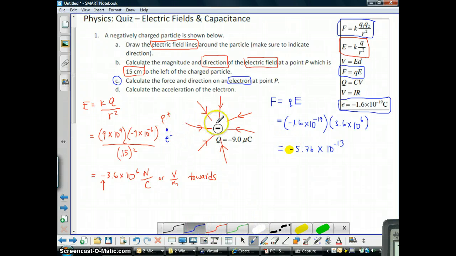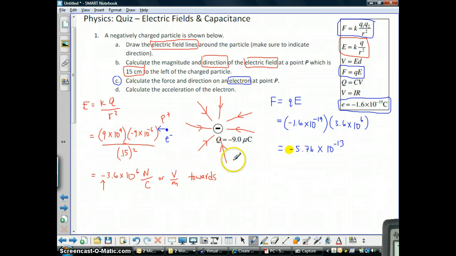If I have two negatives, this one's negative, this one's negative, this electron is going to want to go away, because like charges repel. So this may or may not even be negative. It probably shouldn't be, since this was negative. So that should be positive. But really it doesn't matter. It doesn't really change anything there.